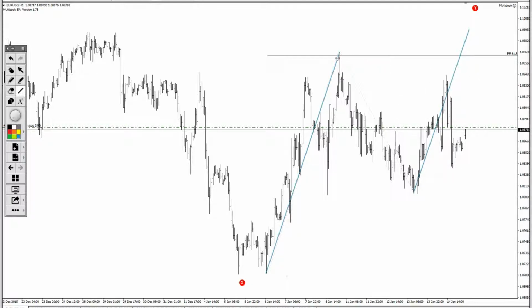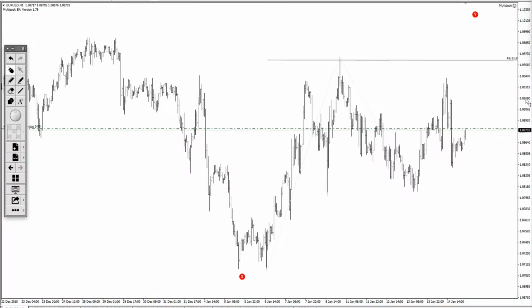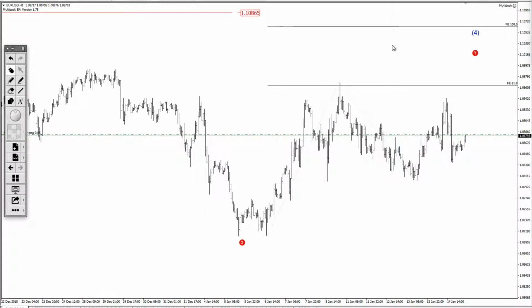So here we can see the 61.8% level around 109.6, and if we take this a little higher, we can see the 100% line. So 100% expansion would be around 110.6, and these are our 2 targets for the trade.